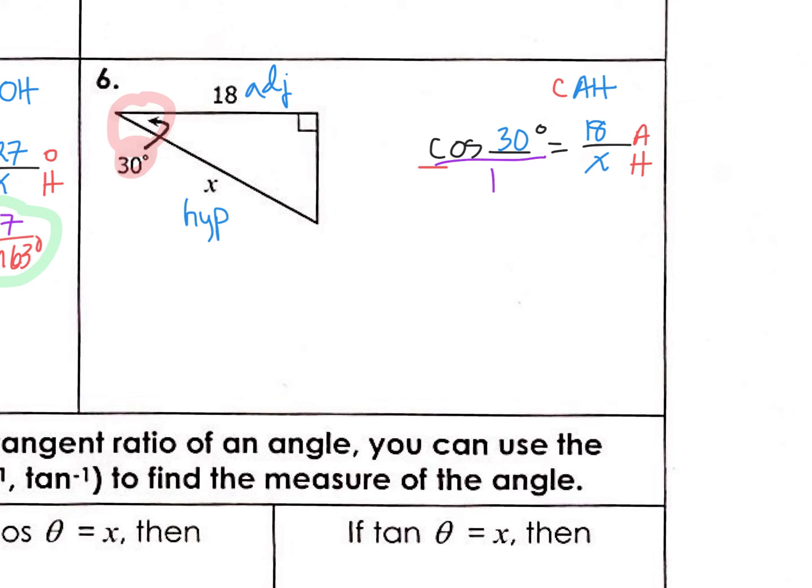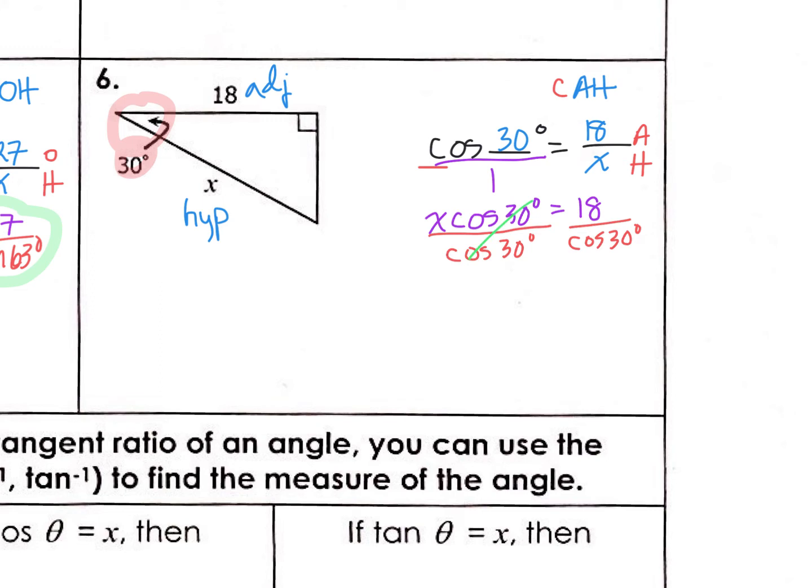All right, so cross multiplying, we get x times the cosine of 30 degrees equals 1 times 18, which is 18. Undo multiplication by dividing by cosine of 30. And then we cancel the cosine of 30.